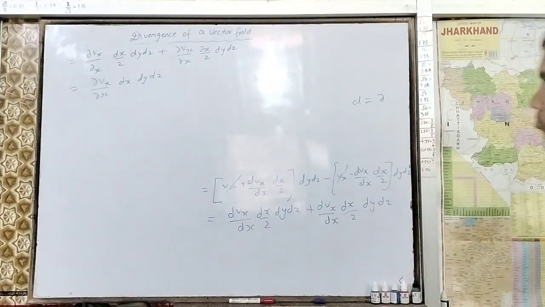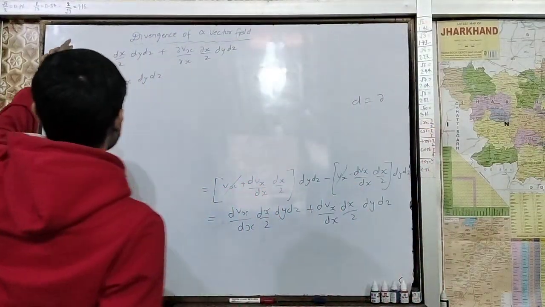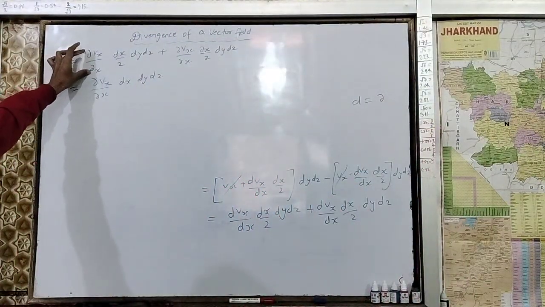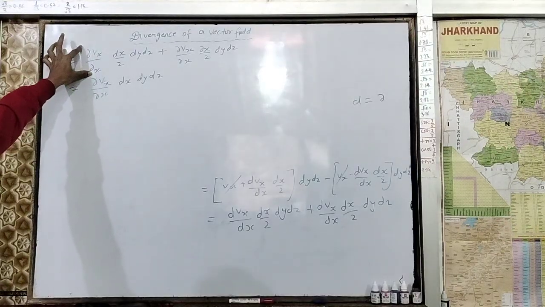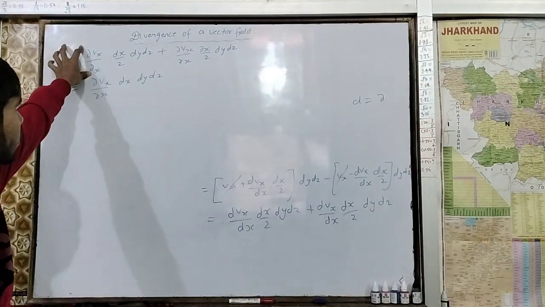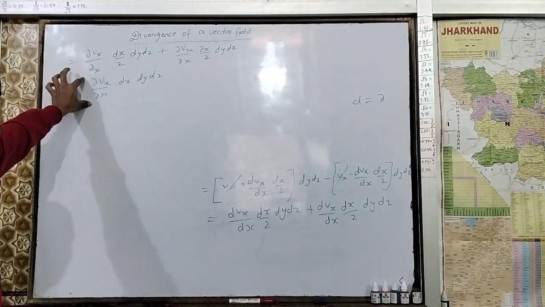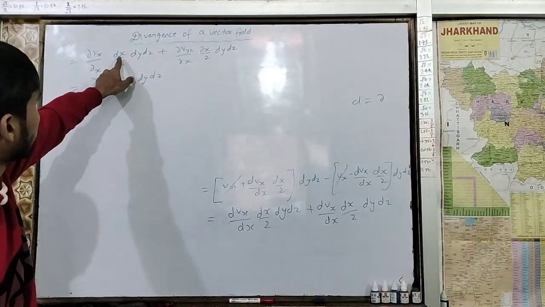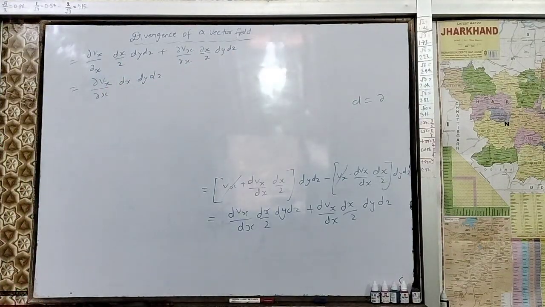Curly d. Here this is common. This is common. This is common. This common we wrote over here. Dx dy dz. This is also common.